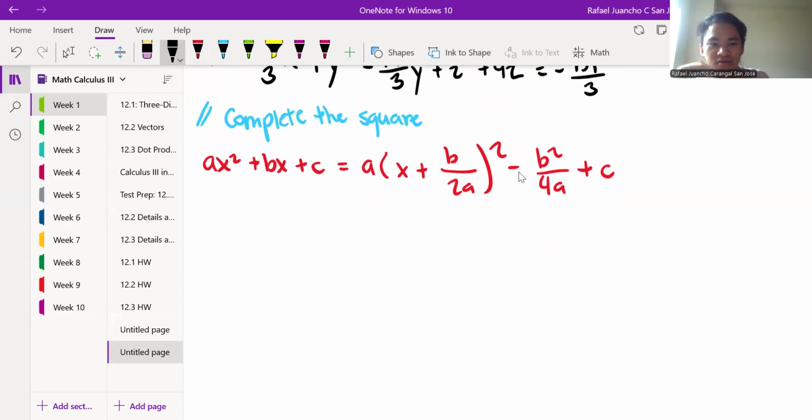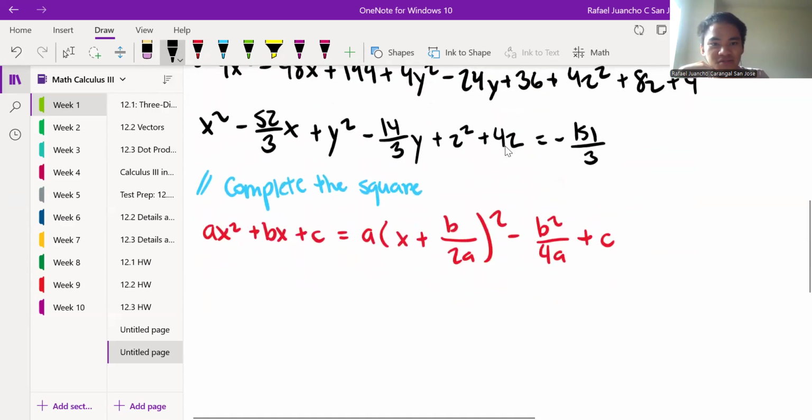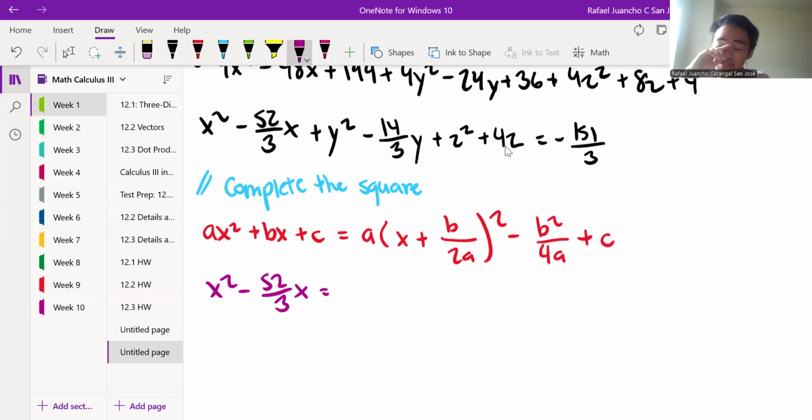So, right, we have each of these. We want to complete the square of each of them. So let's start with x squared minus 52 over 3x, which is basically x minus 52 over 3 over 2, which is just 52 over 6, which we can simplify to 26 over 3.